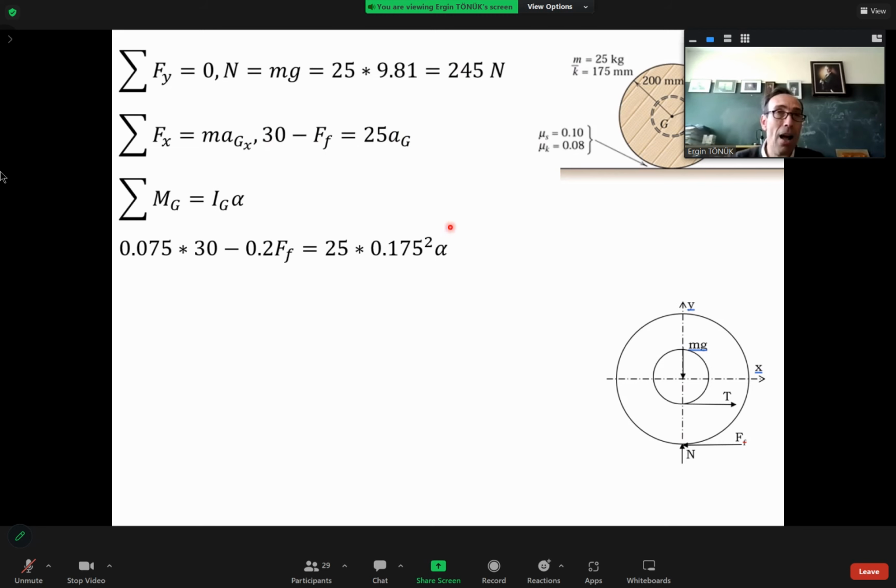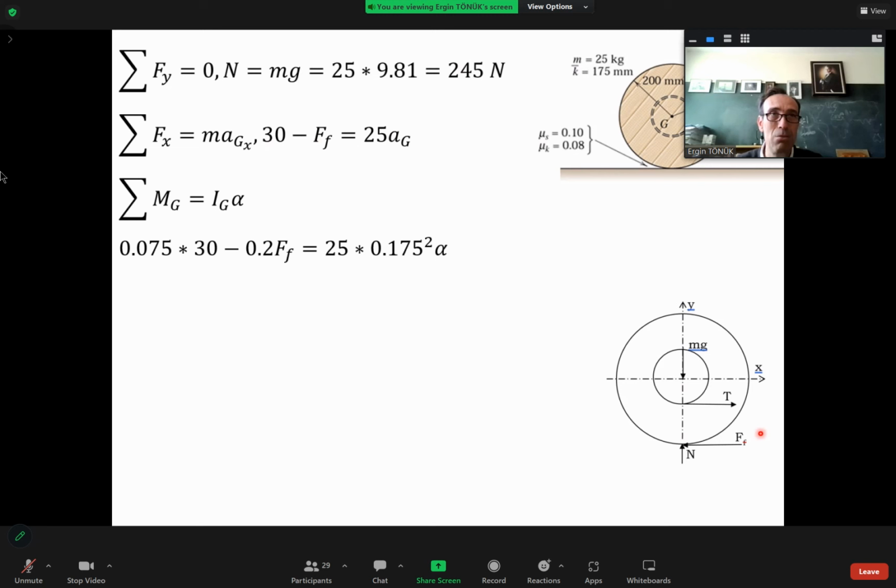Here, I have two choices. One is when I pull it, the disk is going to slip. In that case, what would be the friction force if it's slipping? Mu k times N, am I right?